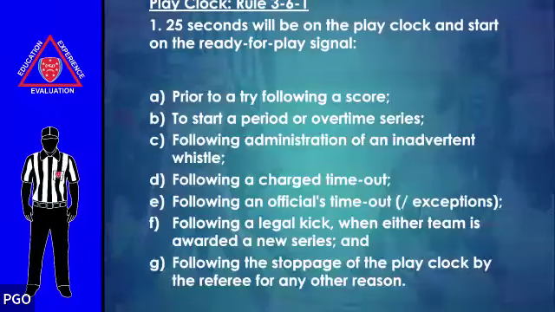So we have to stop the clock and the play clock. Then for any of these reasons, we're going to come back with a whistle and a 25-second play clock.